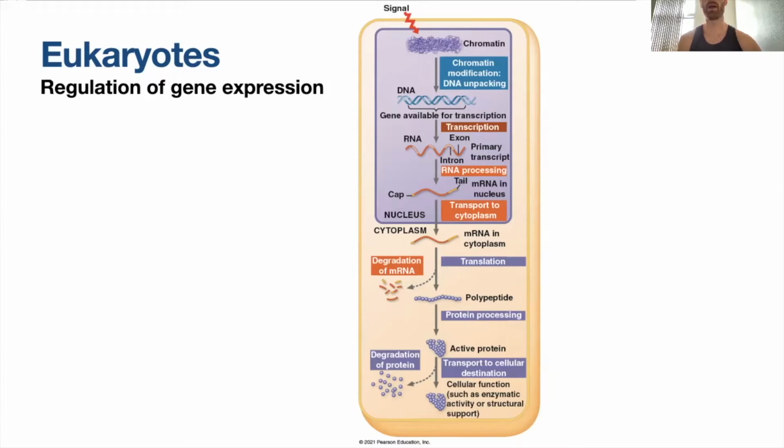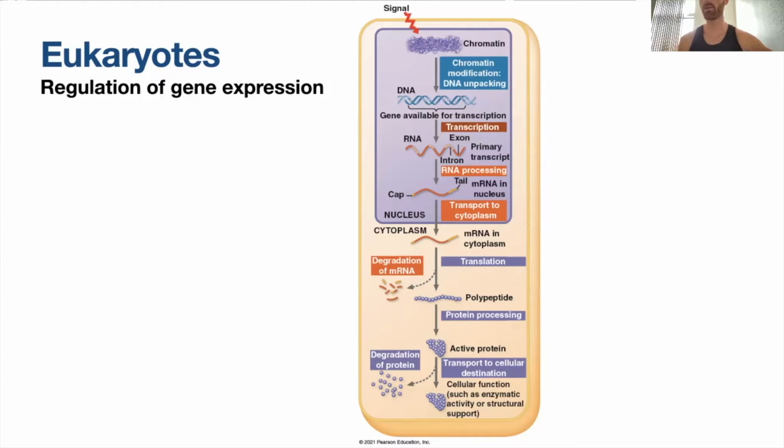The mRNA then has to be transported to the cytoplasm through the nuclear membrane. There are little pores in the nuclear membrane that the mRNA can go through. It's small enough to go through. And so mRNA in the cytoplasm.